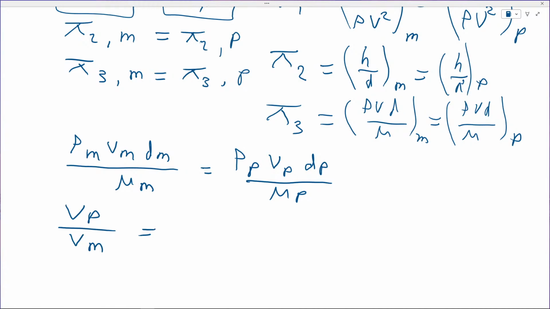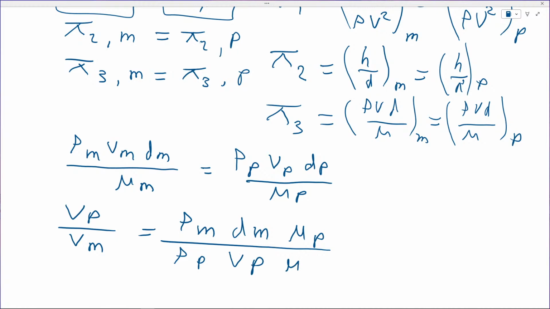That would be equal to rho model d model mu prototype, I just bring this here, over rho prototype d prototype mu model.